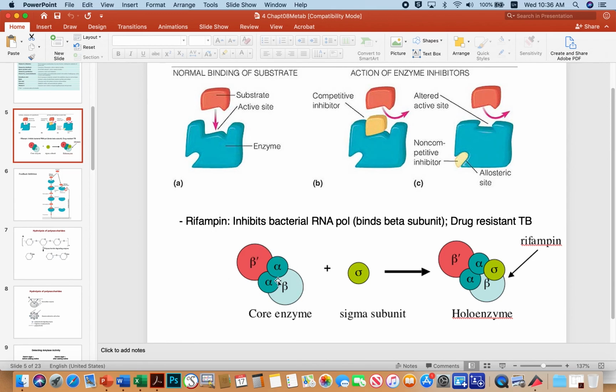There are 4 subunits that make it up, and then a 5th subunit is added to make the holoenzyme. And then rifampin will actually interfere with an active site on this beta subunit that allows it to dock onto the DNA and facilitate transcription. And so RIF, in this particular case, is acting as a competitive inhibitor.